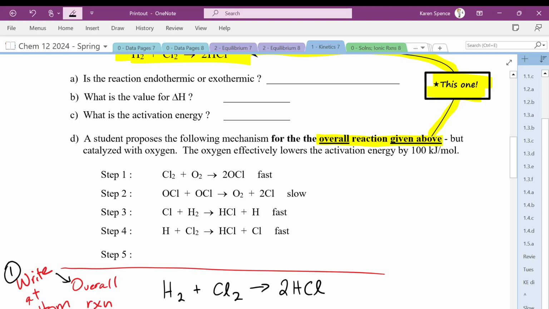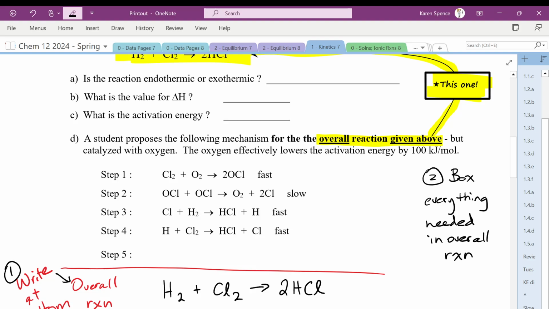Step 2 is to box everything that you need in the reactants and everything you need in the products. Everything needed in the overall.